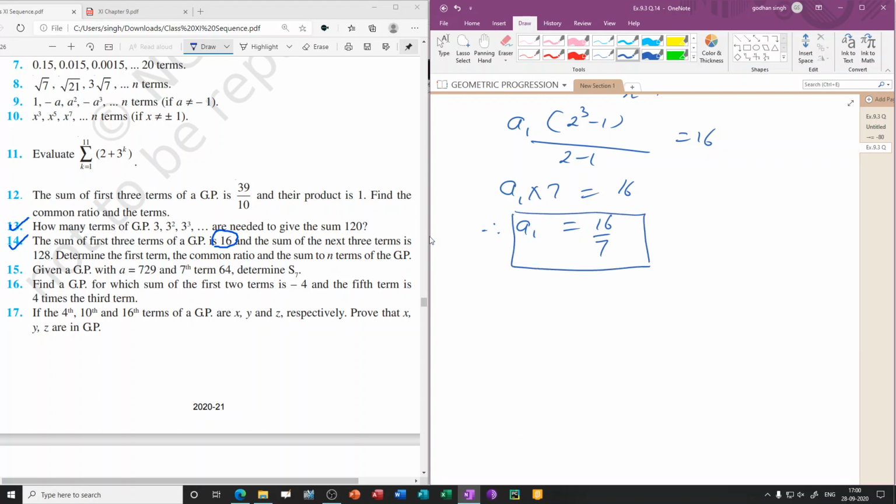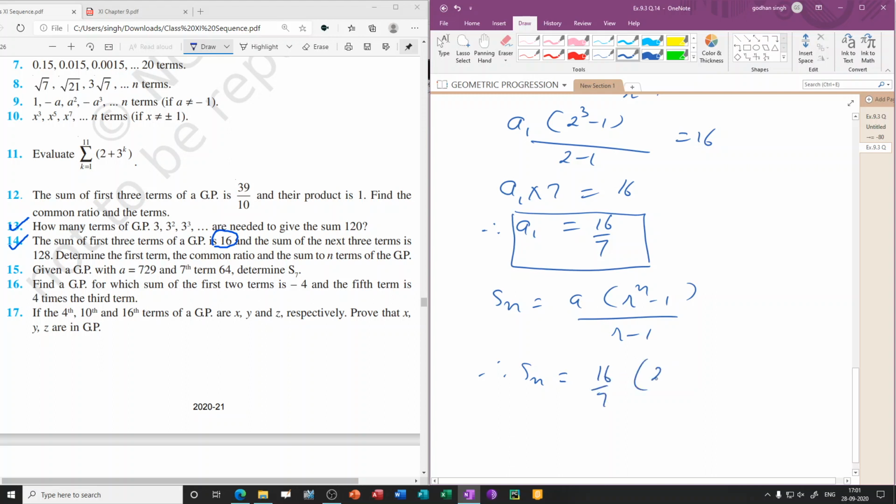Value of r we have obtained, and what we have to find? Determine the first term, the common ratio, and the sum to n terms of the GP. Also we have to find Sn. So Sn equal to a into r raised to n minus 1 over r minus 1. Therefore Sn equal to, value of n is not given, so in general 16 by 7.